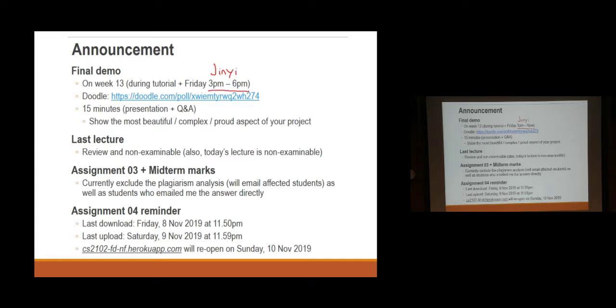And the last announcement for today is the Assignment 4 reminder: you will need to download it by Friday, 11:50 p.m., even though you might want to do everything on Saturday, because the deadline itself is on Saturday, 11:59 p.m. And if you already know me, this is not exactly the hard deadline; the hard deadline will be on Sunday at, I think, either 12:05 or 12:15 a.m. Okay, so I always put it at 11:59, and then I'll put it at this time to account for the network delay.